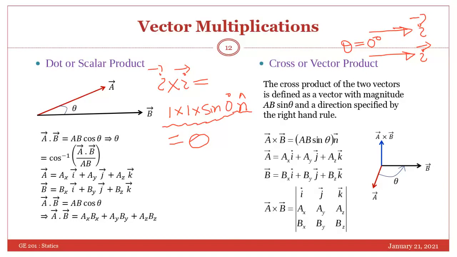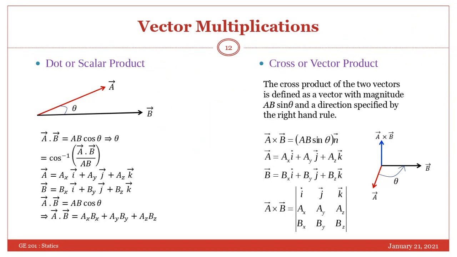So vector I cross I, or vector J cross J, or vector K cross K, all lead to answer 0. Okay. Now keep in mind, in the dot product, vector I dot I, J dot J, K dot K all give 1, because when you put in cosine 0 degree, the answer is 1. But when you put this with sine 0 degree, then the answer is 0.